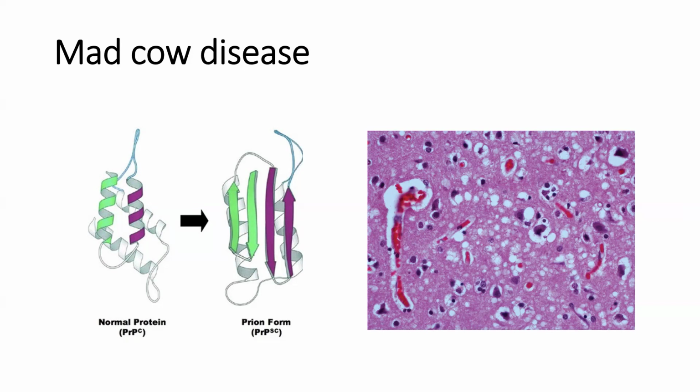Okay. So what's mad cow disease? First of all, if you catch mad cow disease, there's no cure. And this is going to be the brain. It's full of holes, and of course, you would die from something like that. You would have neurological symptoms depending on which part of the brain is being damaged, right?